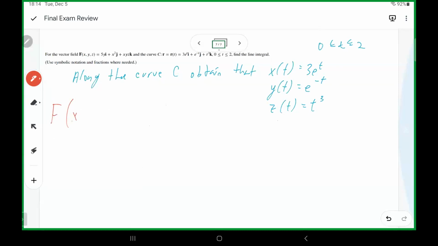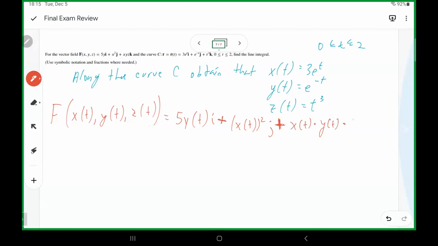vector F of x(t), y(t), z(t) is equal to 5y(t) i plus x(t) squared j plus x(t) times y(t) times z(t) k.